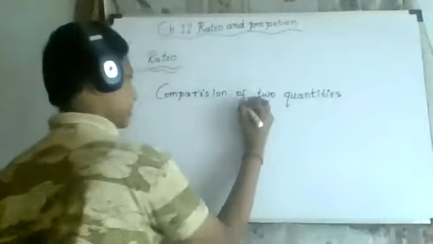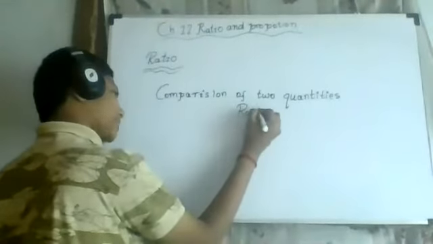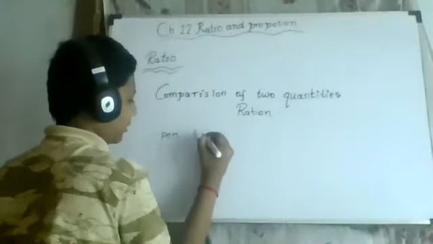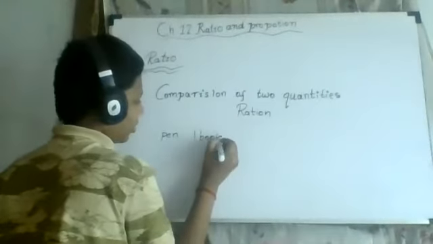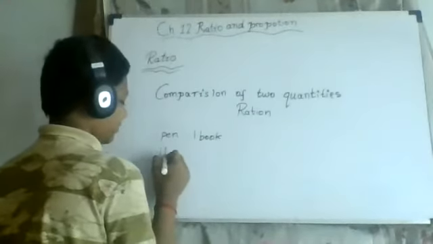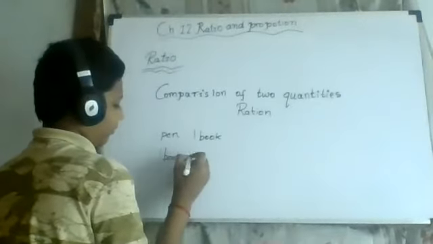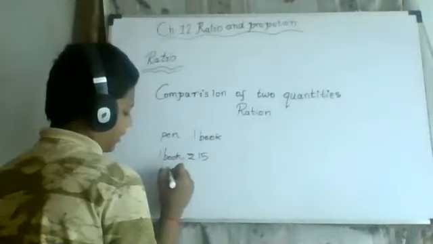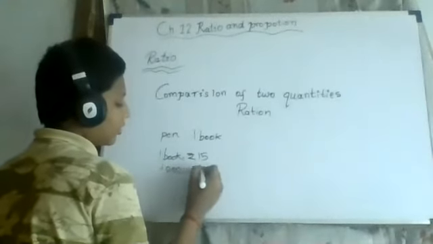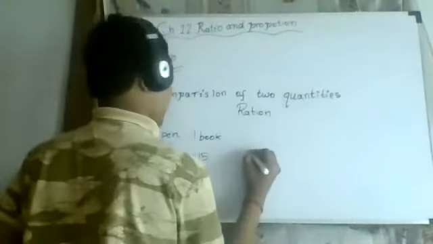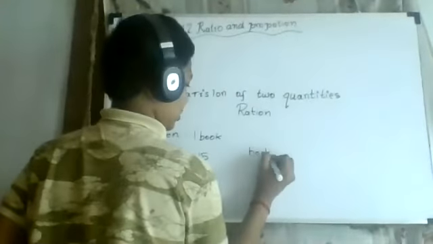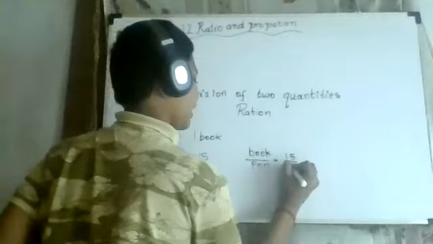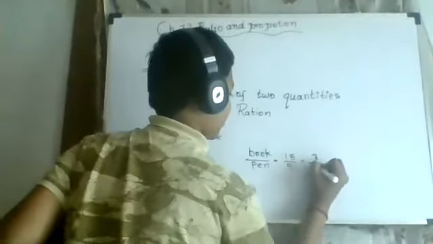Such as the comparison of one book and one pen. If one book is ₹15 and one pen is ₹5, then by comparing book by pen, that is equal to 15 by 5, that is 3 by 1.